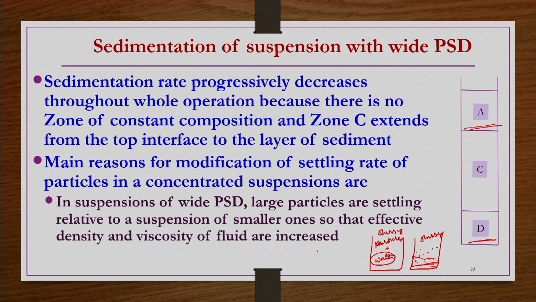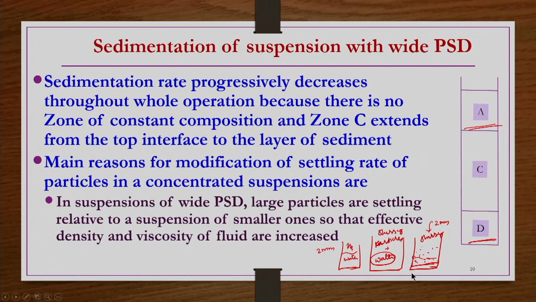Let us say a 2 mm particle is settling in pure water. The settling velocity there must be very high compared to the settling velocity of the same 2 mm particle in a concentrated suspension, right.